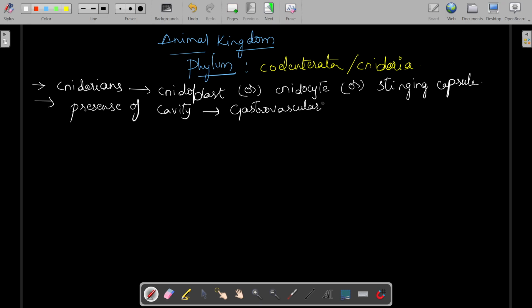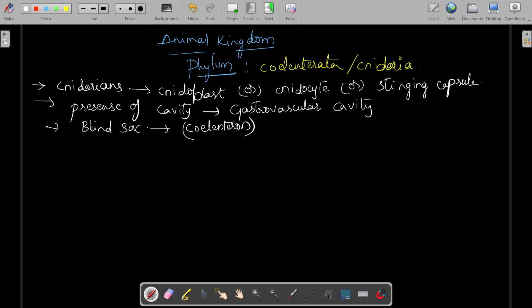This gastrovascular cavity is also called a blind sac. You can call it a blind sac or coelenteron.